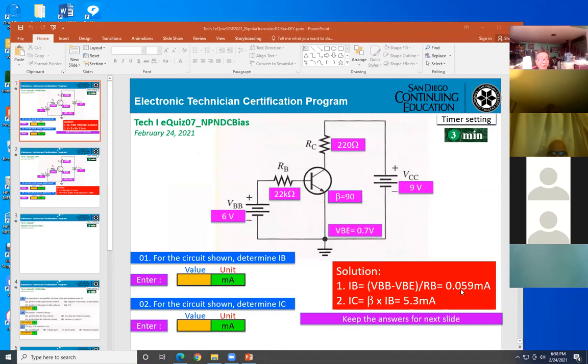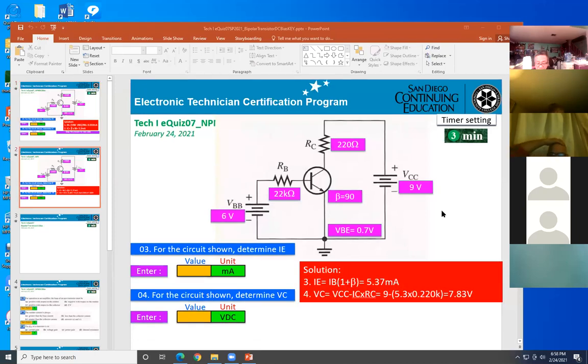You get 0.059 milliamp and 5.3 milliamp. And they want IE. IE equals IB times 1 plus beta. You get 5.37 milliamp. And if you want to calculate the VC, it will be VCC minus IC times RC, and 7.83.